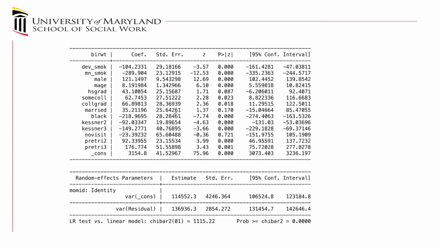We probably want to have some sense of, and if you think about the public health implications of this, if a mom quits smoking, does that help her, or is she sort of screwed if she's ever smoked, right? Does ever smoking change it? Does smoking at all change it?